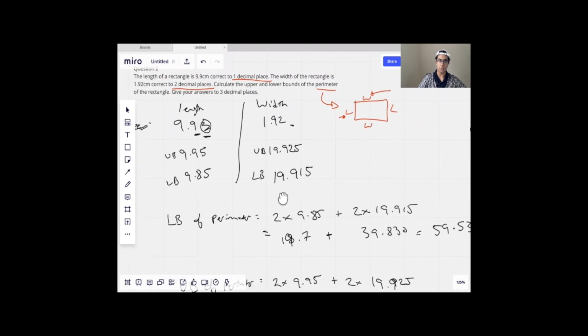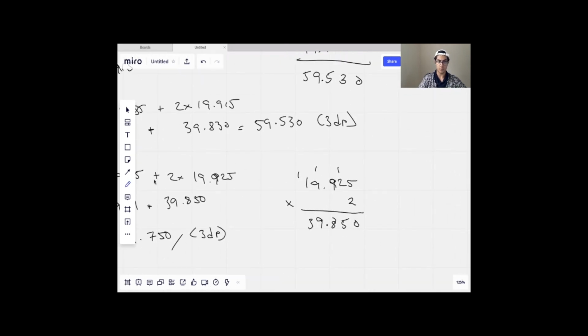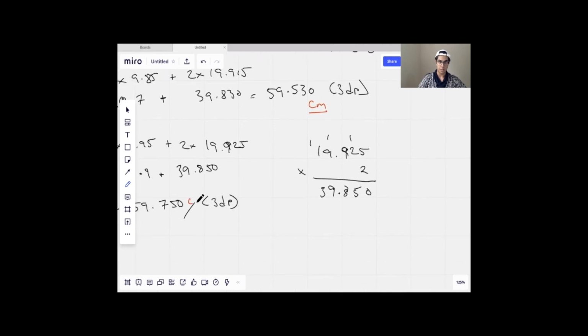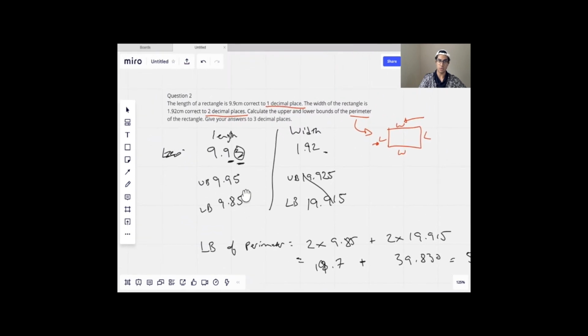Also, what's really important is, because we know this is in centimeters, we need to give our units. So it's really important we go back and put centimeters. A lot of the time when I see units in the questions, I'll underline it as a reminder to make sure I put my units when I'm done with the question, because there are often marks available for just putting your units down correctly.